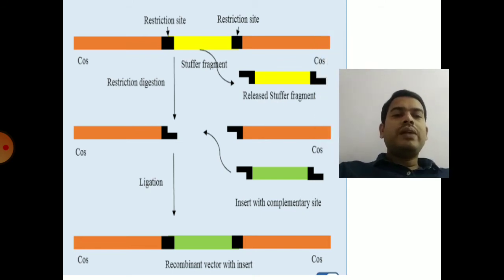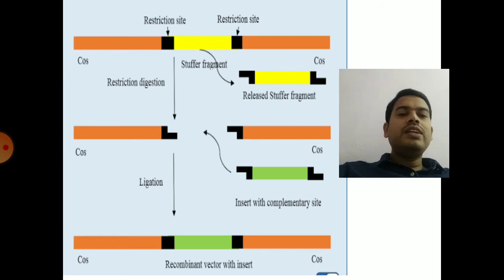So the next plasmid is lambda phage plasmid. Lambda phage DNA is a 49 kb length DNA. You can see on the top, it is a 49 kb length DNA.